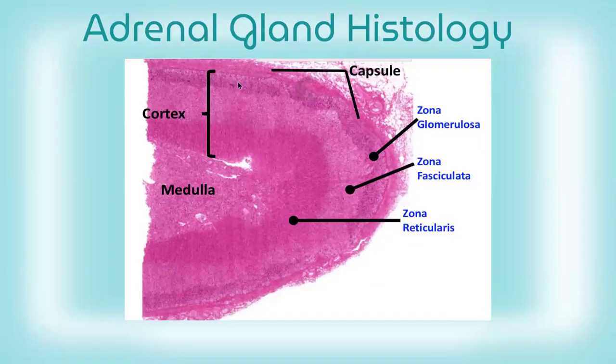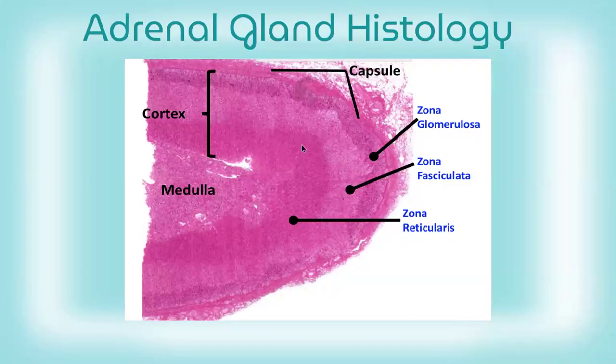So, important factors to know is that within the cortex, you have three different zonas. The first zona is going to be the zona glomerulosa. It's this more purplish region over here that is right after the capsule. Then you have this lightest region, it's a very light pink, that is your zona fasciculata over here.